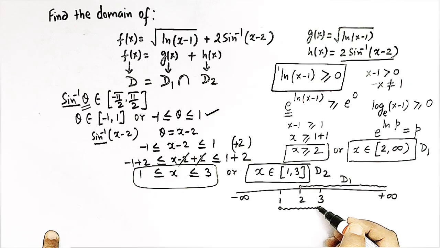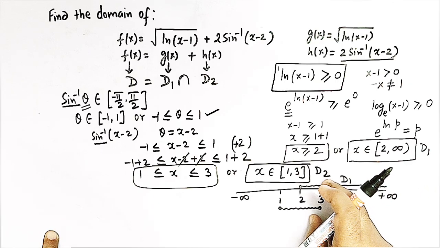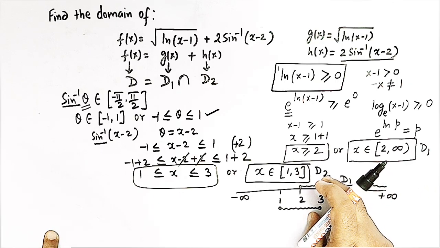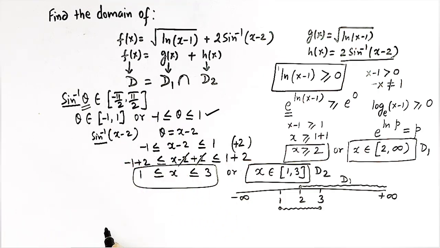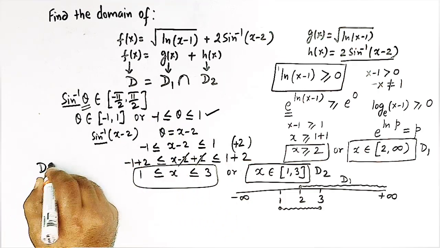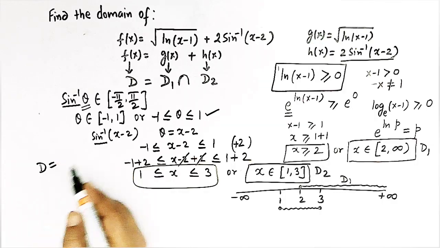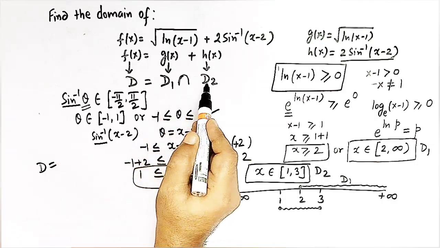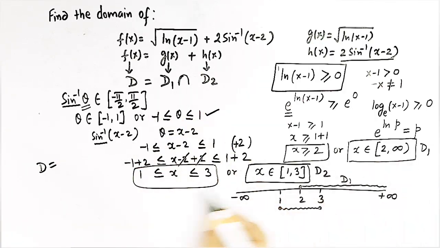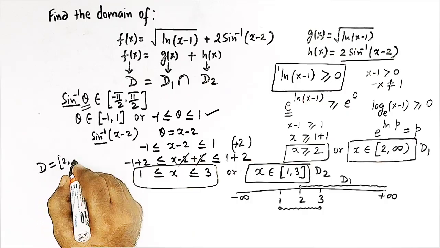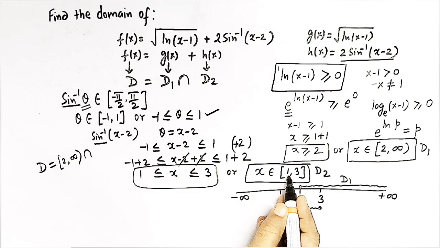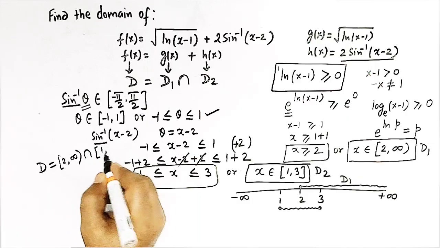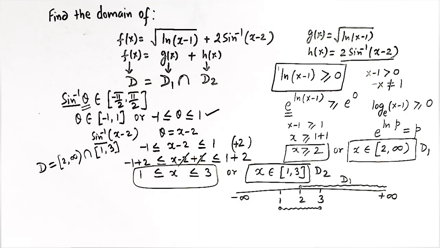So now we have to identify the common region, which gives us the domain of the function f of x, because d, that is the domain of f of x, is the intersection of d1 and d2. d1 is 2 to infinity, and then we have the intersection, and here we have 1, 2, 3, right?